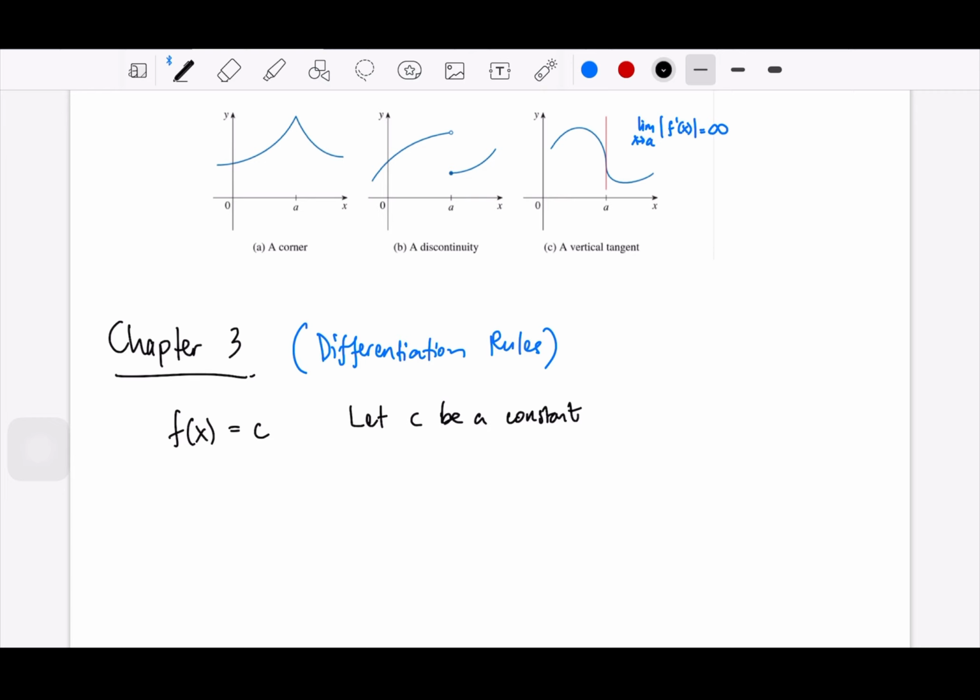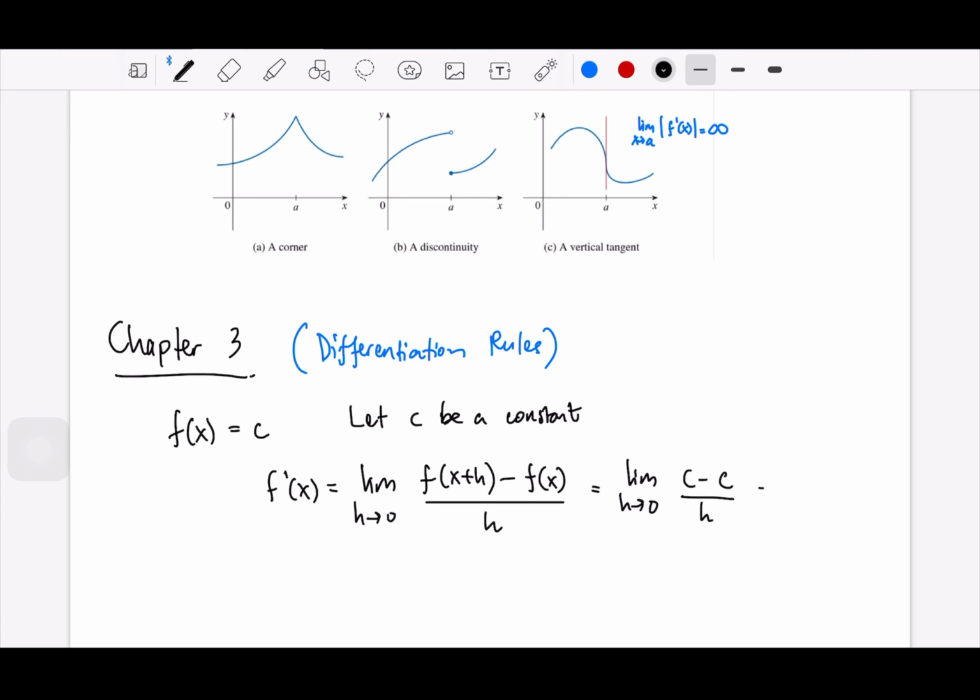And of course, if you look from the basis of our derivative, which uses limits, this results in 0.